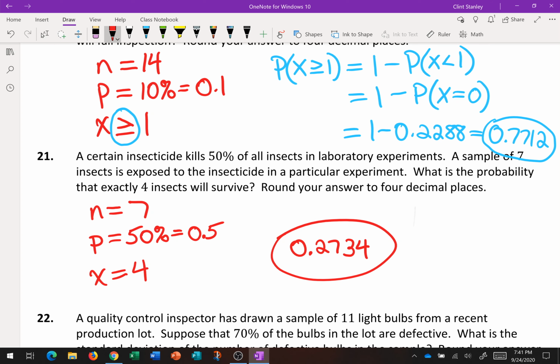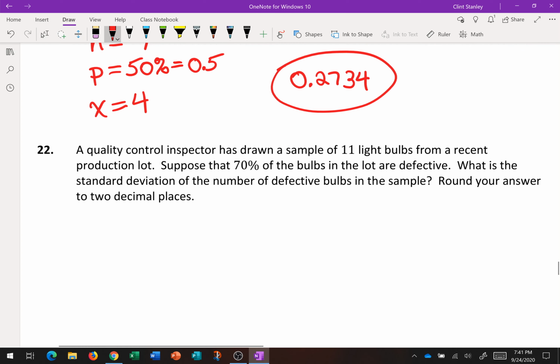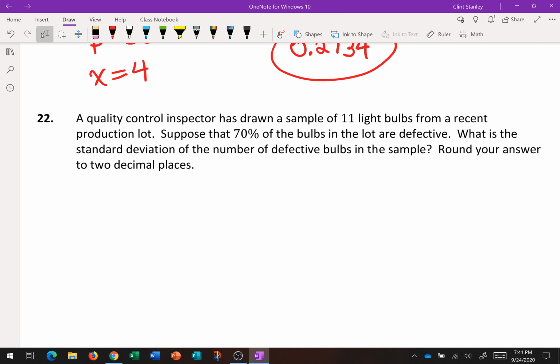Okay. One more problem here, I think. Yes, last one. Okay, this one says a quality control inspector has drawn a sample of 11 light bulbs. Suppose 70% of the bulbs in the lot are defective. What is the standard deviation of the number of defective bulbs? If we have a binomial distribution, our standard deviation is the square root of n times p times 1 minus p.